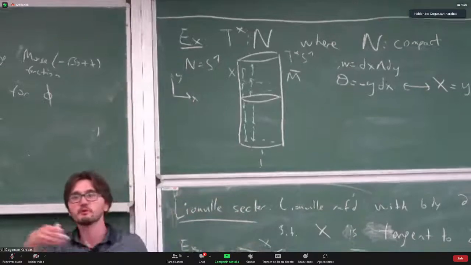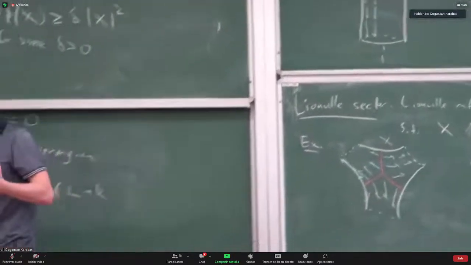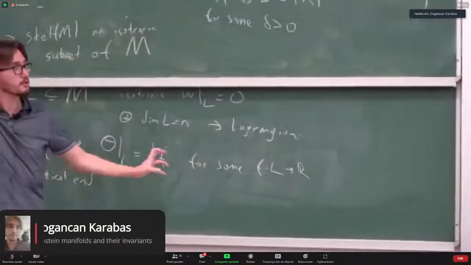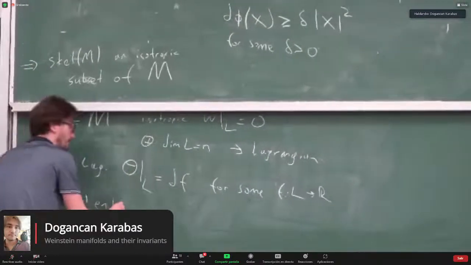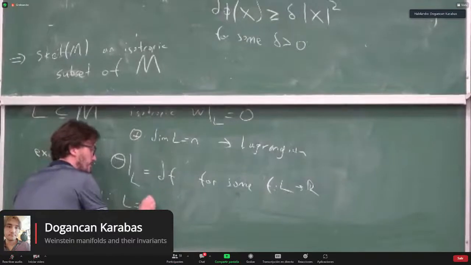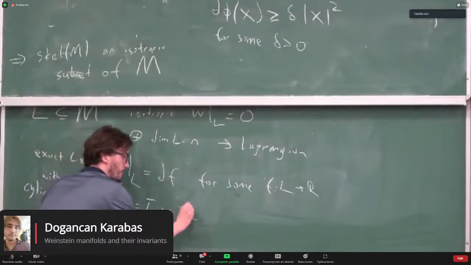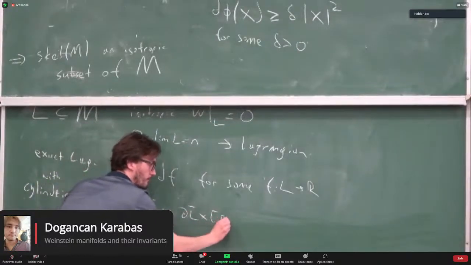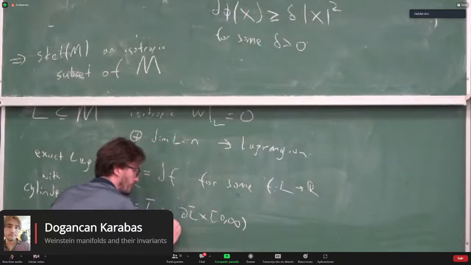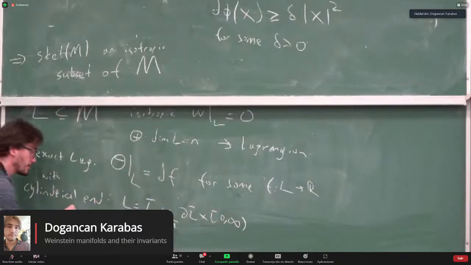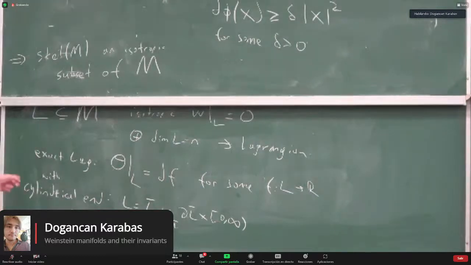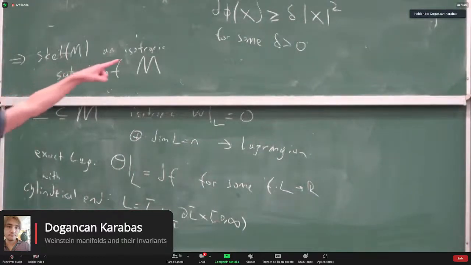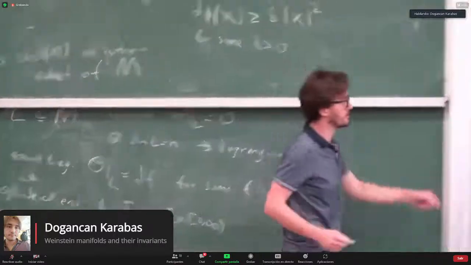I just want to give you a Lagrangian in the Liouville domain, and you should be able to complete it to a Lagrangian. So this means your Lagrangian can also be written in this form, where L bar is in N bar. Make sense?